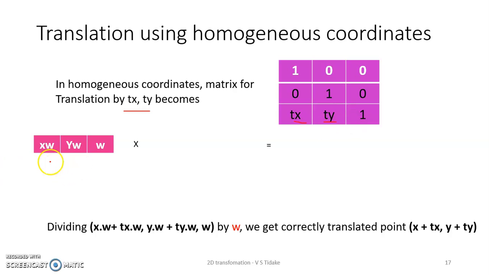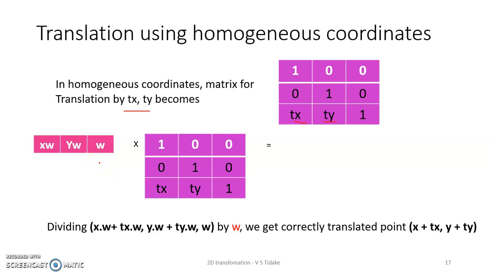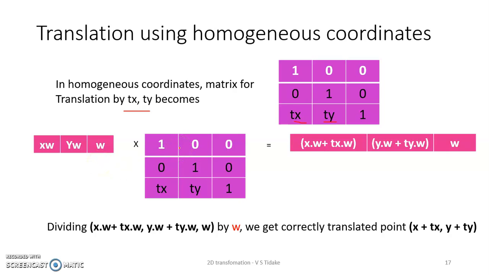That is, our point xw, yw, w when multiplied by this homogeneous translation matrix, we will get these points. And when we divide this point by w we will get the correctly translated point with x plus tx as the x coordinate and y plus ty as the y coordinate.